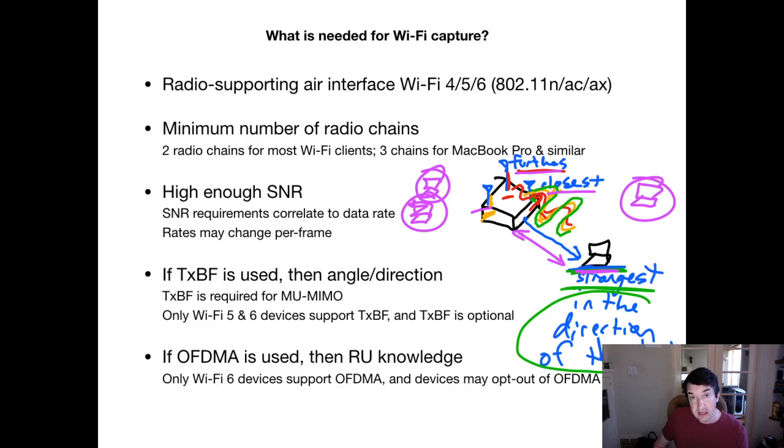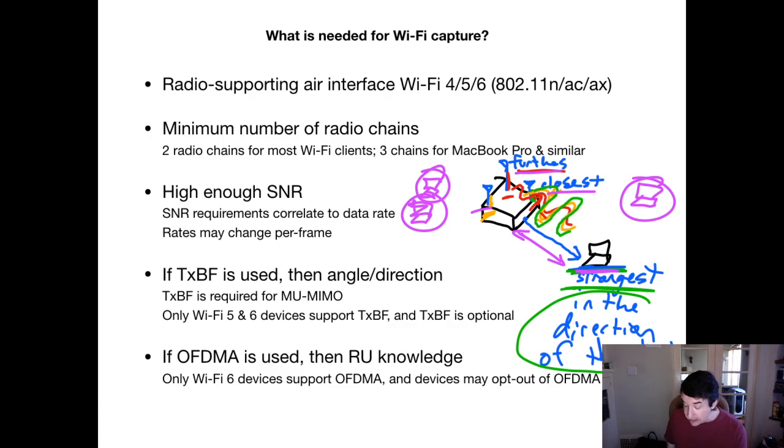Now, it can also be used for other reasons. It can also be used to do different data from the different antennas. But the bottom line is you are sort of angling the data in that way. You're making it so that the data is understood in one direction, but less well understood in another direction. So that's kind of the idea there.